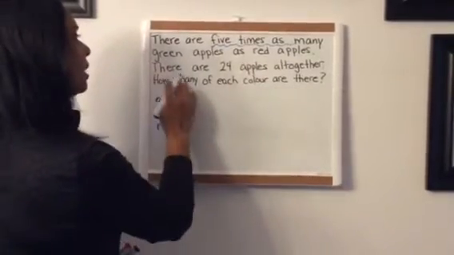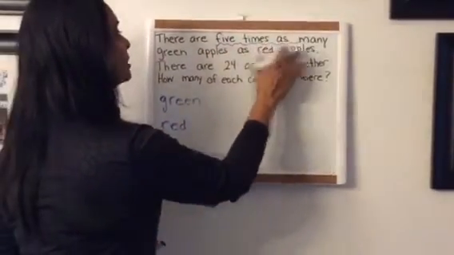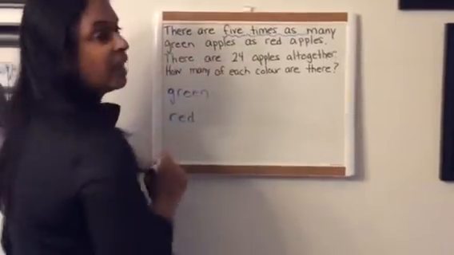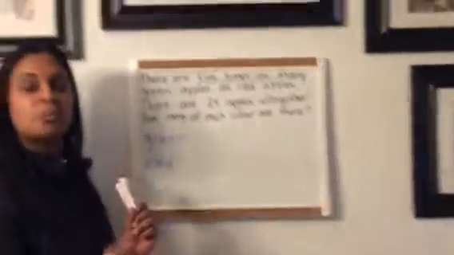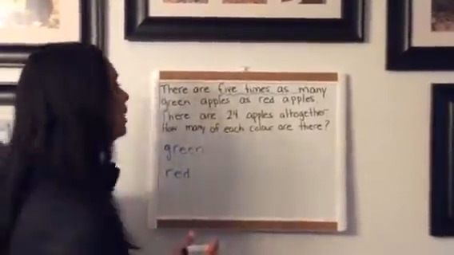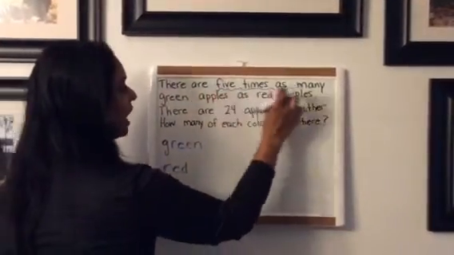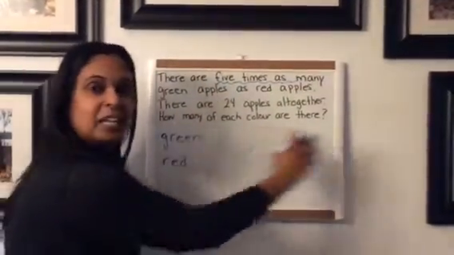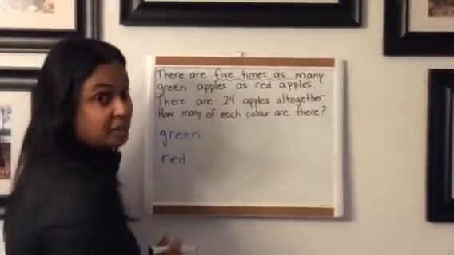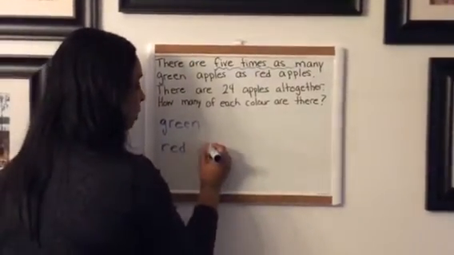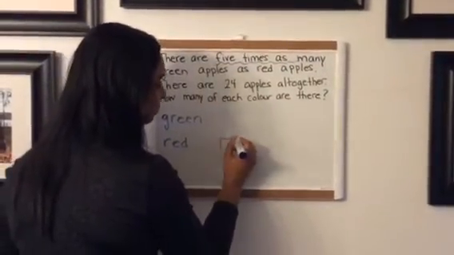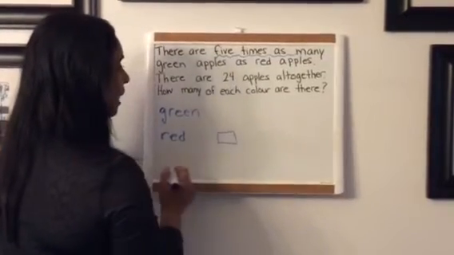So going back to the question, it says there are 5 times as many green as red. So again, now I have to think, which one's the larger part, which one's the smaller part? I know when it says here 5 times as many green, that green is my larger part and red is my smaller part. So I'm going to start by drawing the model for red right here.